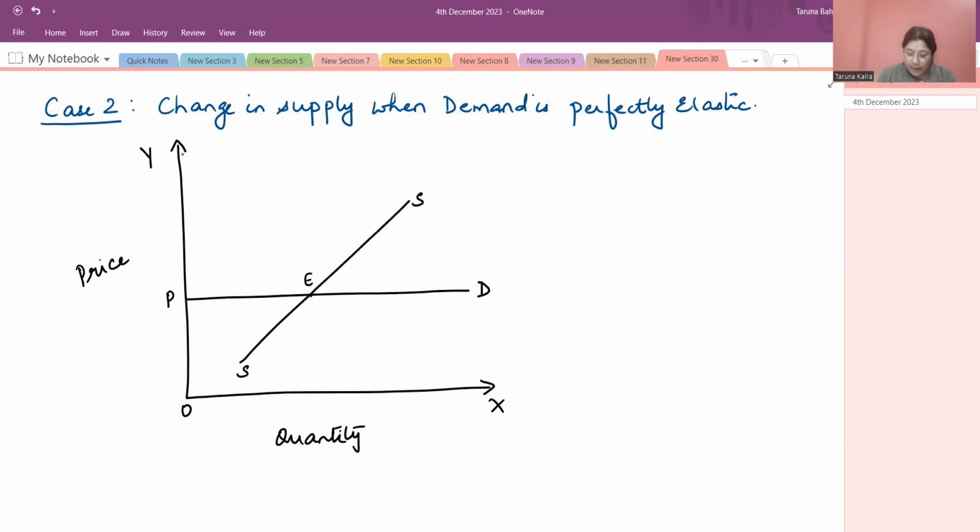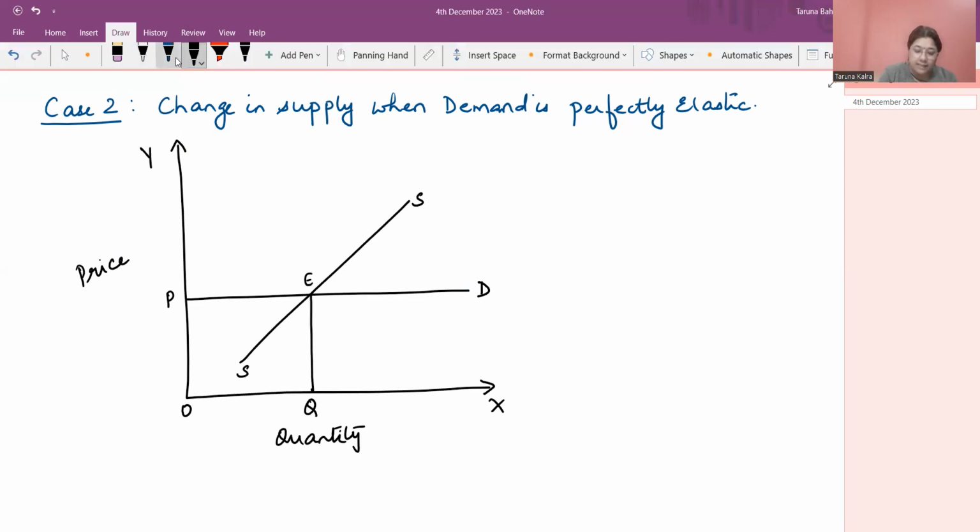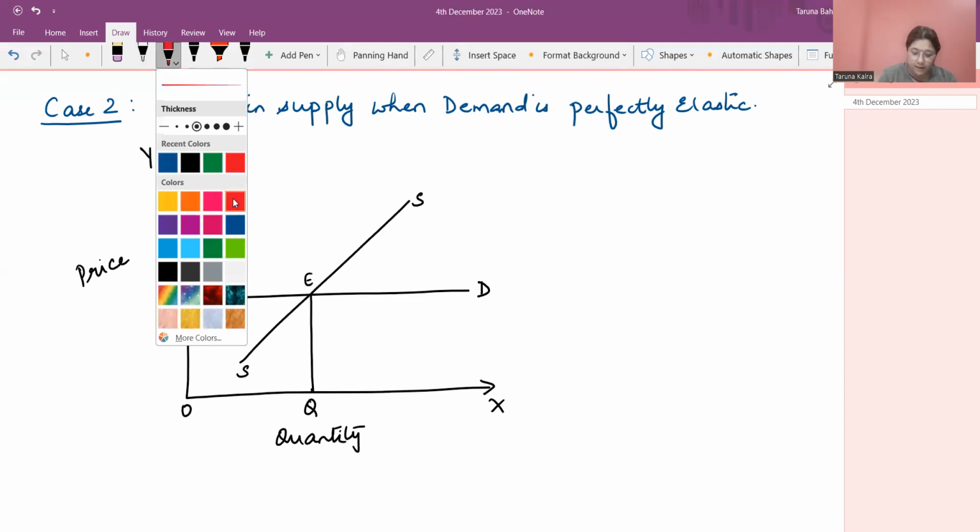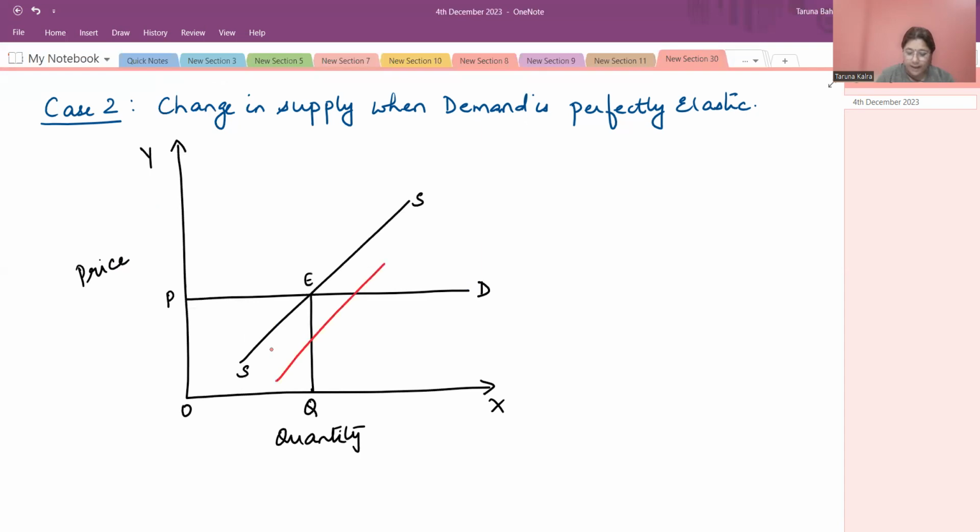So at point E, OP is the equilibrium price and OQ is the equilibrium quantity. Now let's study if there is an increase in supply. Increase in supply is denoted by S1, S1.